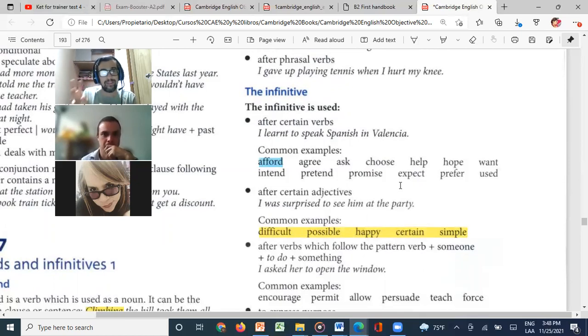In this case, I'm using an infinitive. Or you can say, I was happy to see you, right? Or I was certain to know about you, right? Or it was simple to do the practice, right? So after these adjectives, we always use an infinitive.